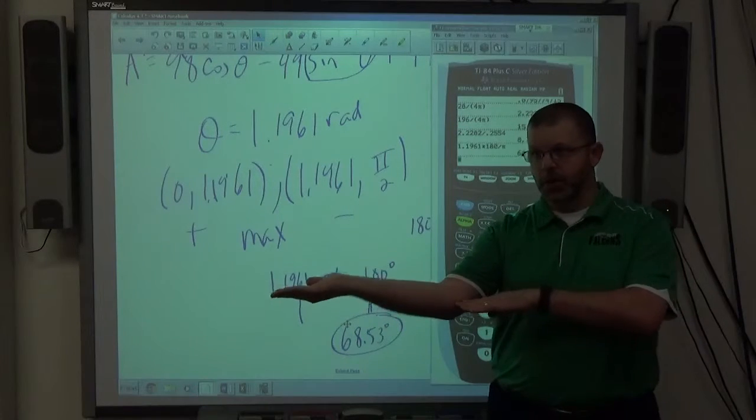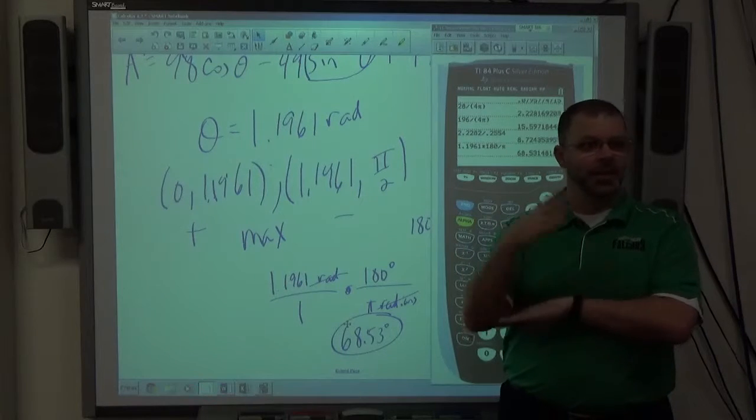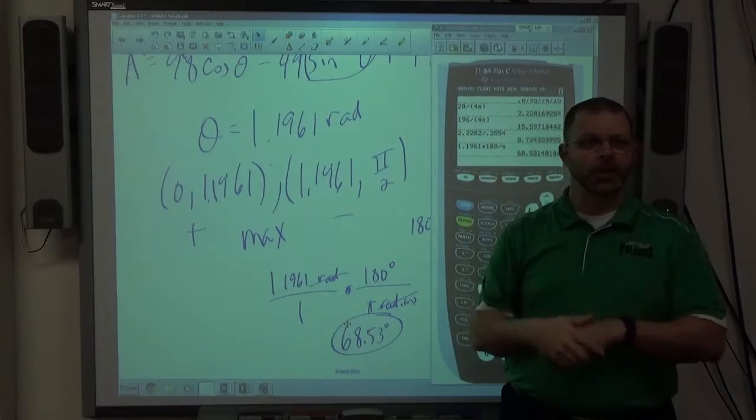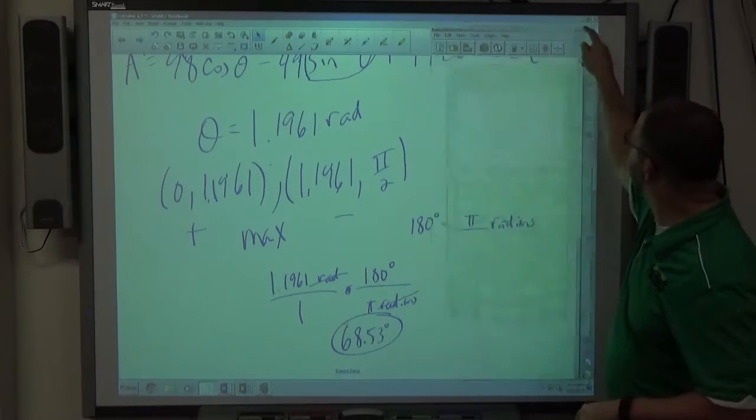And again, 0 degrees was there, 68 about here, so that's your optimal gutter. Once you go beyond 68.53, the area starts decreasing again. So there you go.